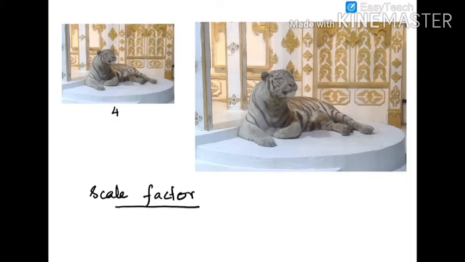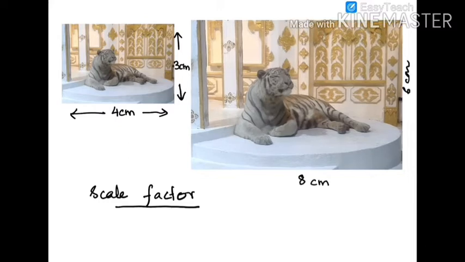If the length here is 4 centimeters and the breadth is 3 centimeters in the smaller picture, to get a larger image, I have multiplied the sides of the smaller picture by a factor 2. So after magnifying, the larger image has dimensions 8 and 6 centimeters.